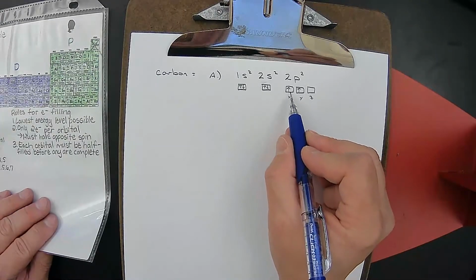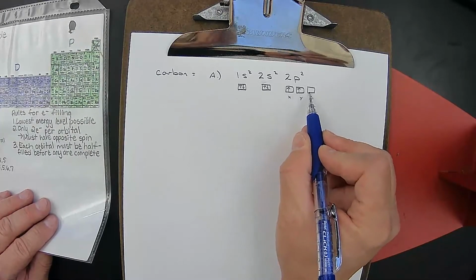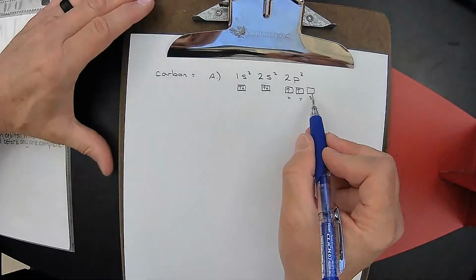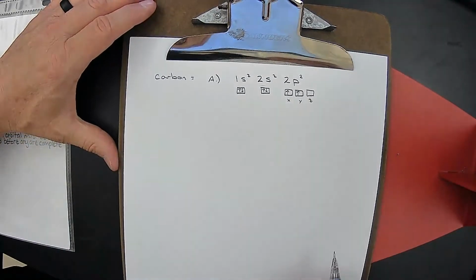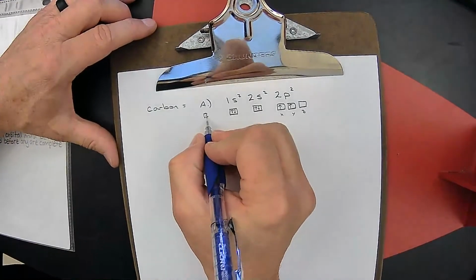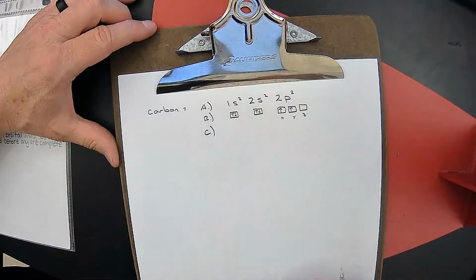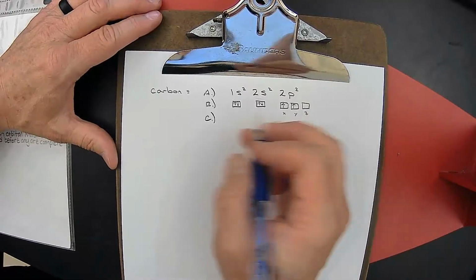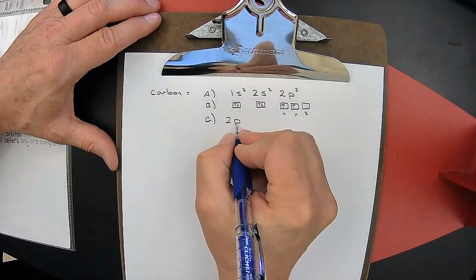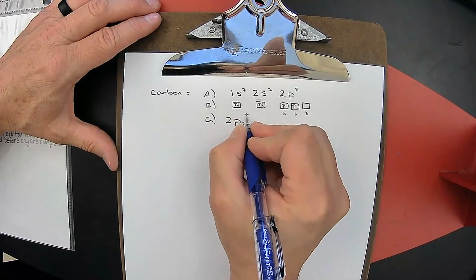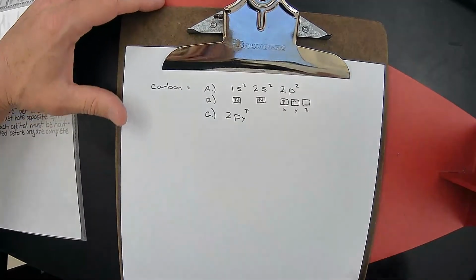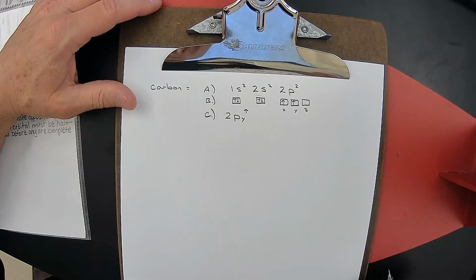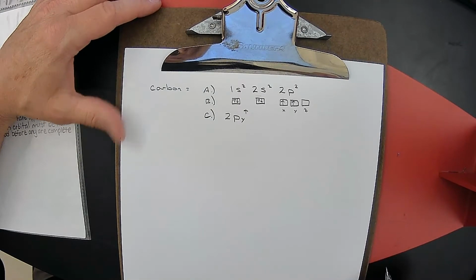It helps with stability to fill up these orbitals first, half full, before any of them are complete. So now when we're looking at that last electron, it's not the 2px down, it's the 2py up spinning electron.